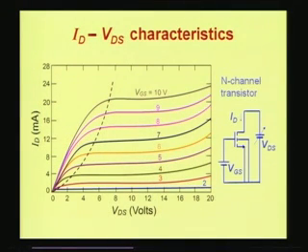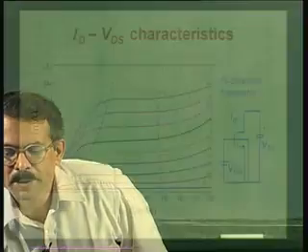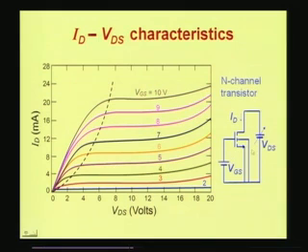So the biasing arrangement is shown there. There is a gate source voltage, then there is a drain source voltage. These particular set of characteristics are shown for bulk to source voltage equal to 0. So you see that the substrate or bulk here, bulk to source voltage, this is the source, this voltage is 0.